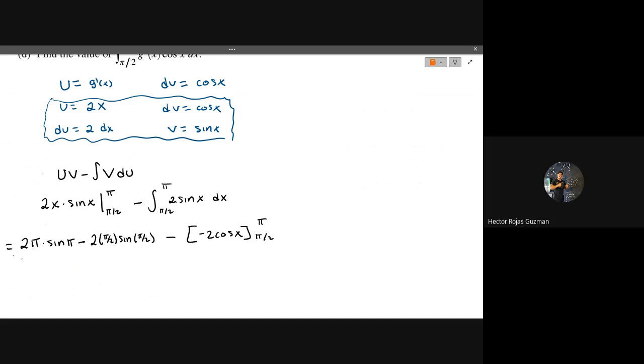Well, this part right here is 0. In this part, the 2 cancels with the 1/2, so that leaves us with pi, and sine of pi over 2 is 1.